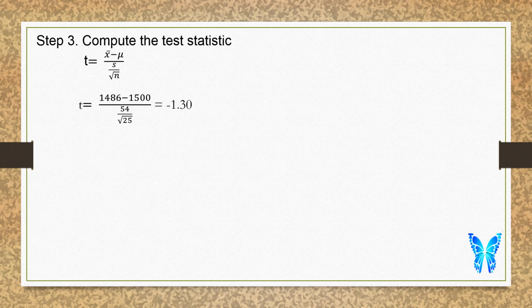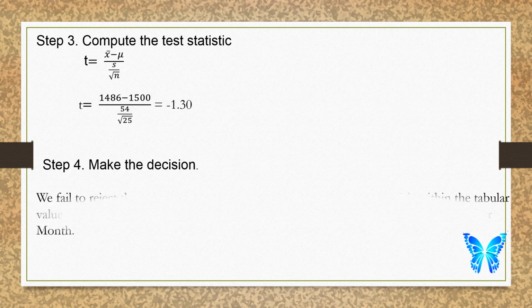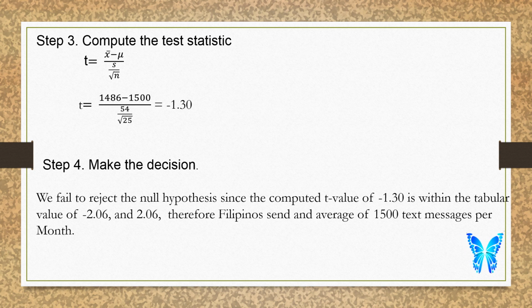With this value, we can now decide whether we are going to reject or accept the null hypothesis, based on our critical region from step number 2. So we have here our decision. Since our computed t-value is negative 1.30, we fail to reject the null hypothesis, since the computed value of negative 1.30 is within the tabular values of negative 2.06 and positive 2.06.